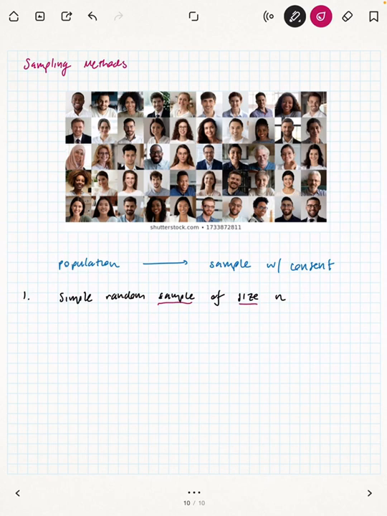A simple random sample is when we take our entire population. This stock image represents our population of people, and we choose n of these subjects so that any one group of n of them is as likely as any other.